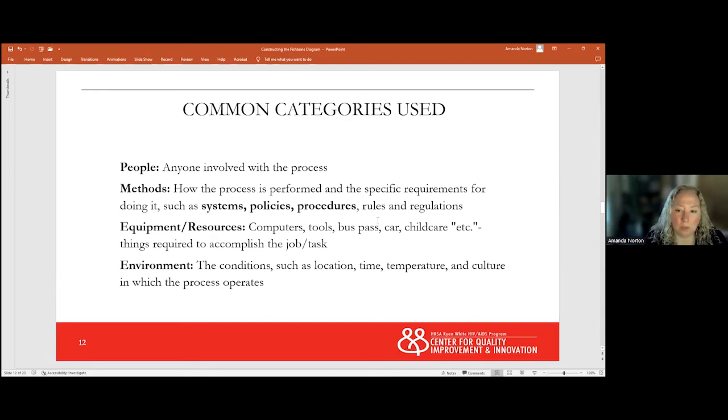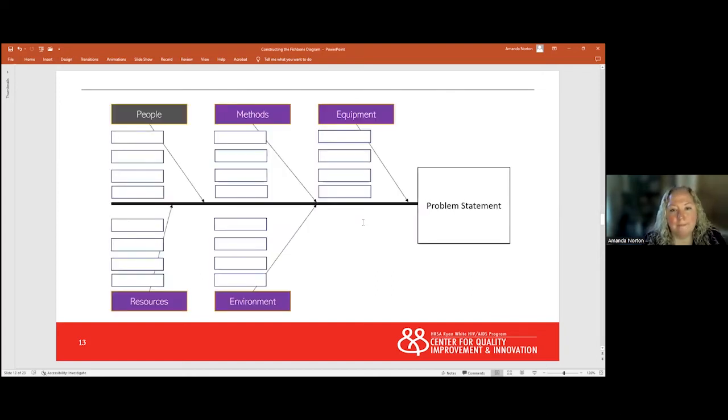So bus passes, car, childcare, what's required in order to get the job or task completed. And then the last thing that is a common category is the environment. So the conditions such as location, time, temperature, culture within the process, and the impact that it's having on your specific problem.